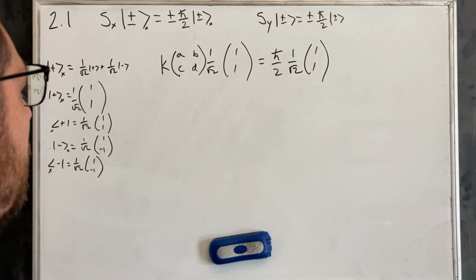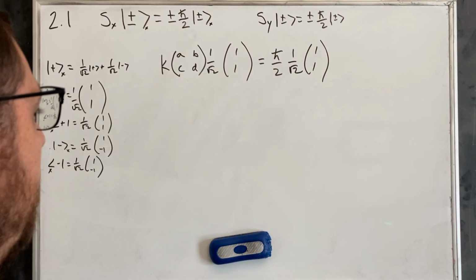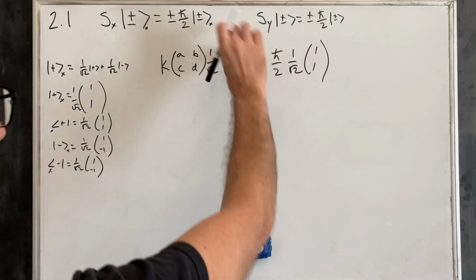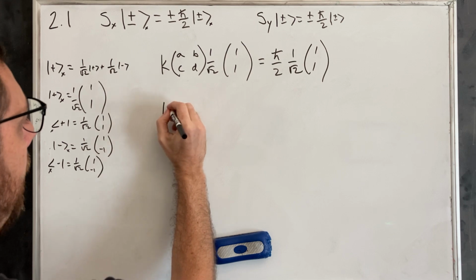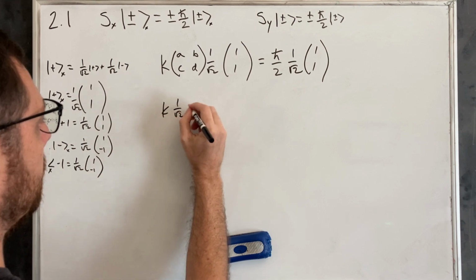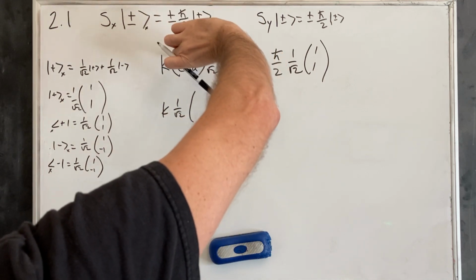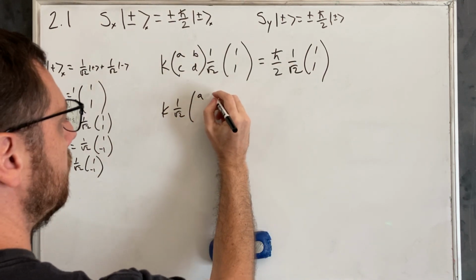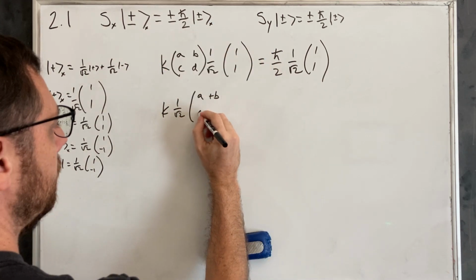All right, so now all we need to do is figure out what our A, B, C, and D are. So if we multiply this across, first we can pull out the h bar over 2 and the 1 over root 2. And then we flip this to the side, we're going to have A plus B. And then bring it down, we're going to have C plus D.